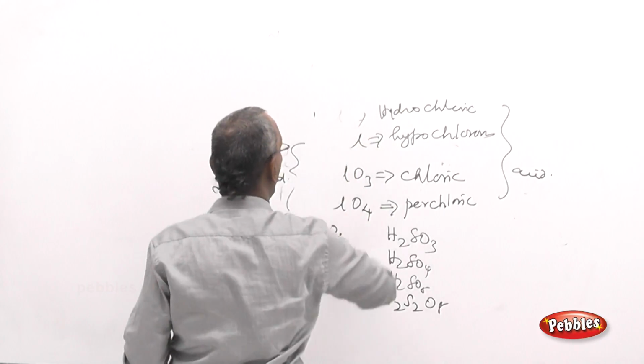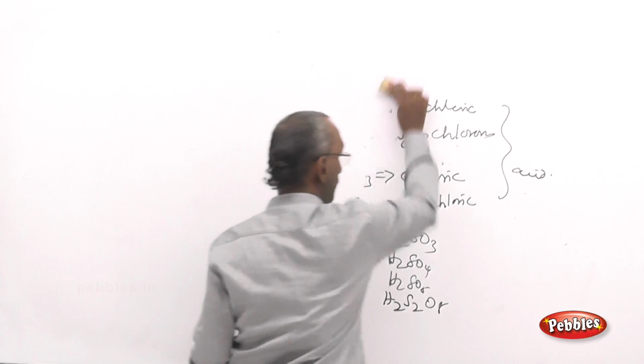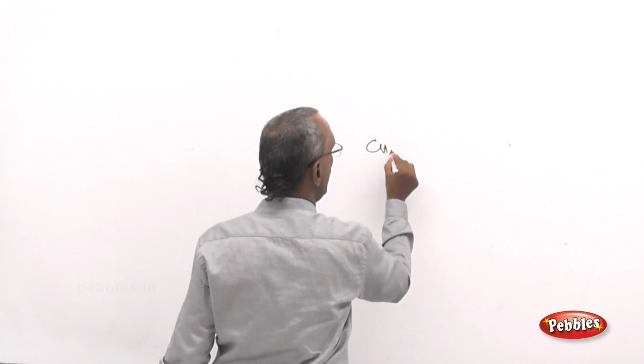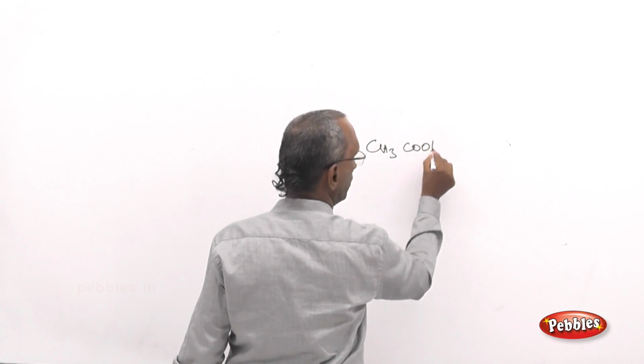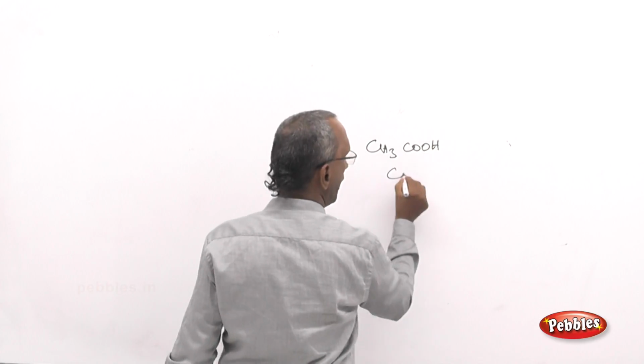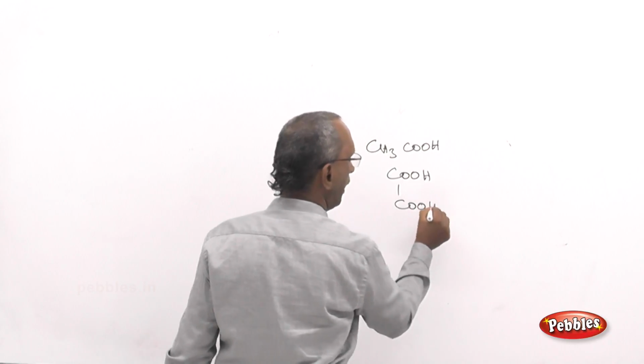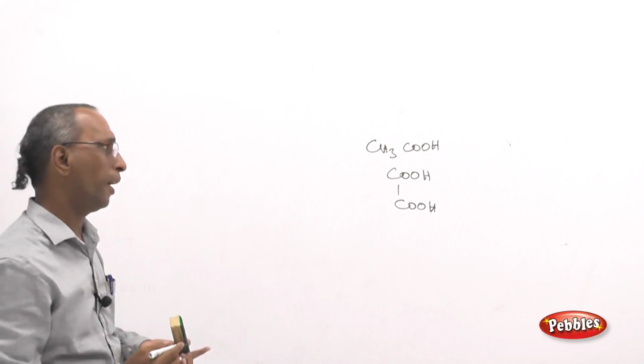But carbon acids are weaker than this because carbon is in the middle. Carbonic acid, acetic acid, an organic acid, oxalic acid. Acetic acid has the formula CH3COOH. Oxalic acid is COOH COOH. So these are acids.